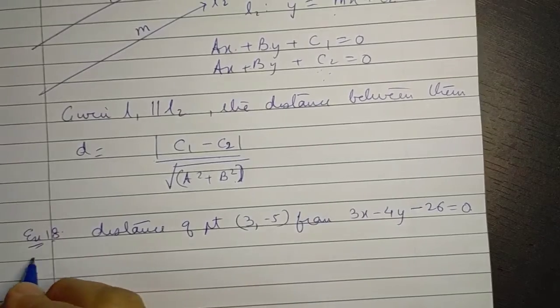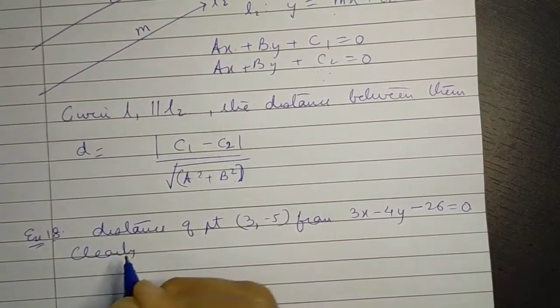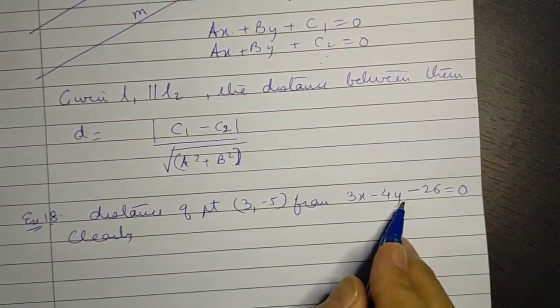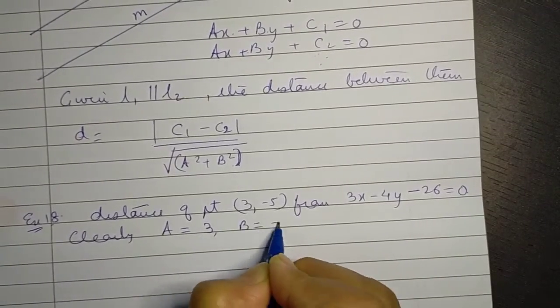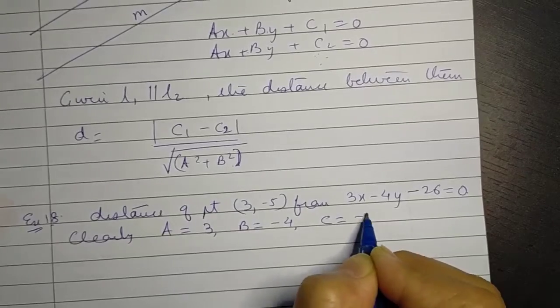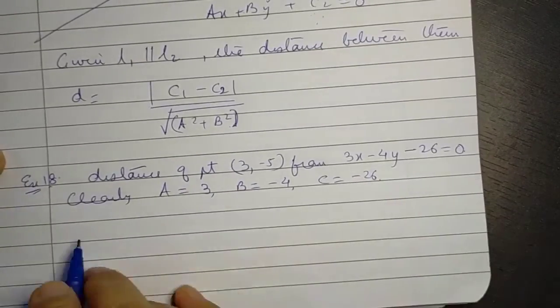So clearly, on observing this equation of the line, we have a = 3, b = -4 and c = -26.